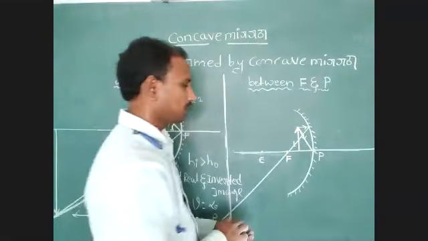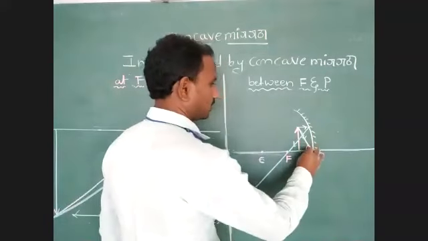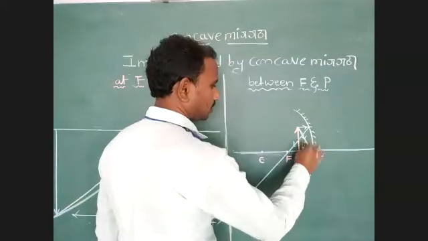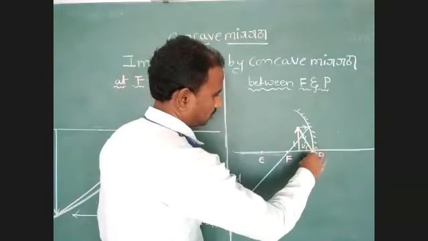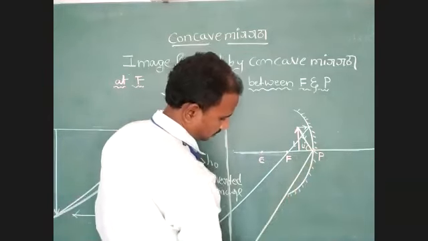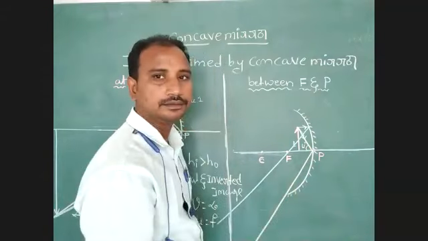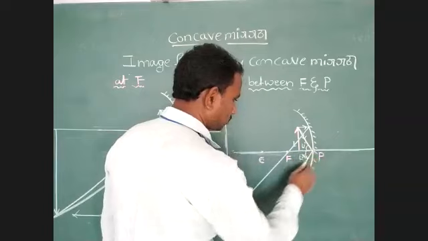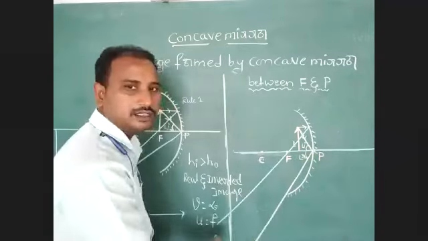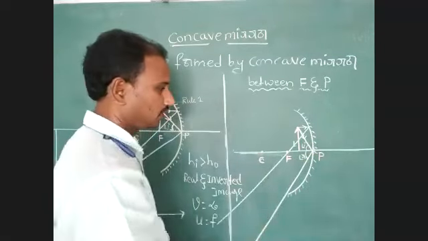Here, we can apply the first law of reflection: angle of incidence equals angle of reflection. So identify that angle of incidence equals angle of reflection. These two reflected rays cannot intersect on the same side of the medium.